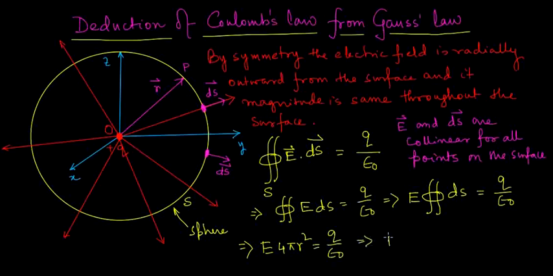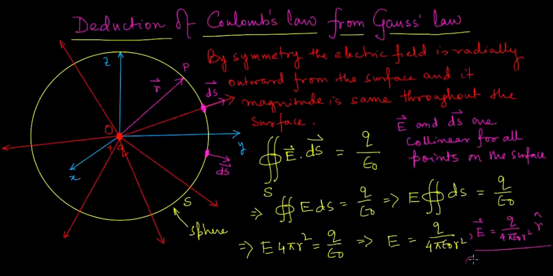Now this will imply E equals q by 4 pi epsilon 0 r square. Now since E is radially outward, you can say that E vector is q by 4 pi epsilon 0 r square times r cap.